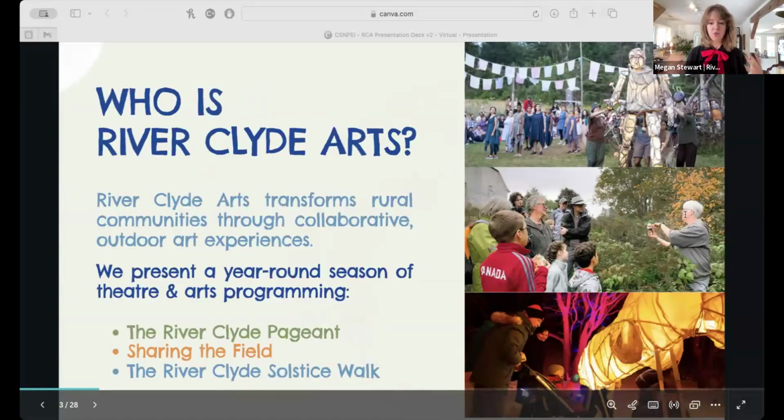We transform rural communities through collaborative outdoor art experiences. In this current time, marked by social division and environmental crisis, we really try to champion connection, creativity, and ecological stewardship.